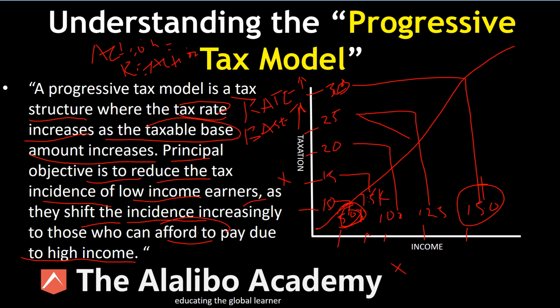Canada, for example, has a very tight structure of this tax model, where the higher income Canadians pay more taxes than the lower income Canadians. As you can see right here, once again, the higher income goes, the higher your tax liability is. That is the structure of the progressive tax model.